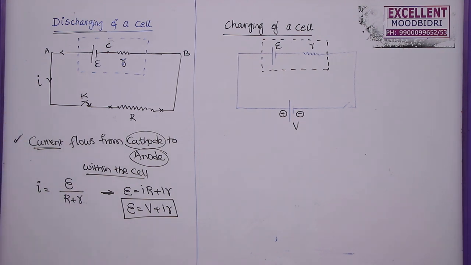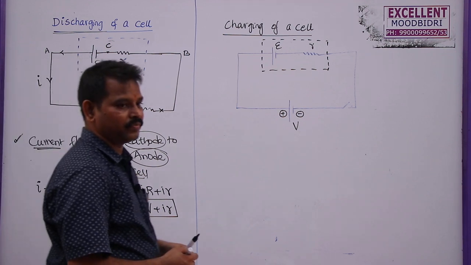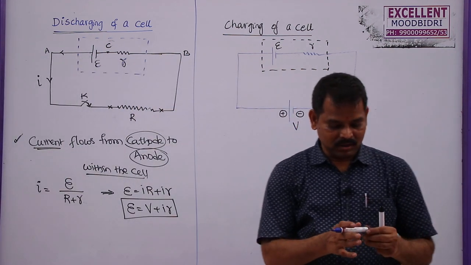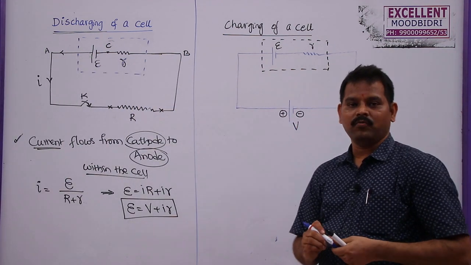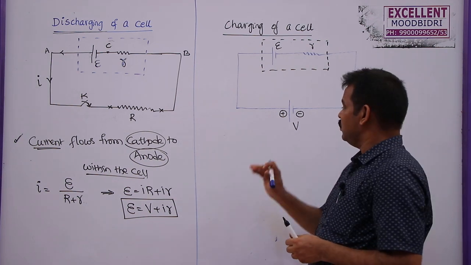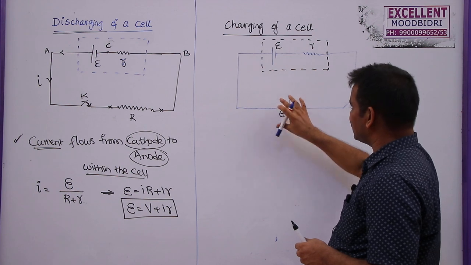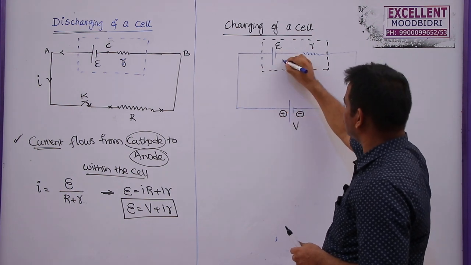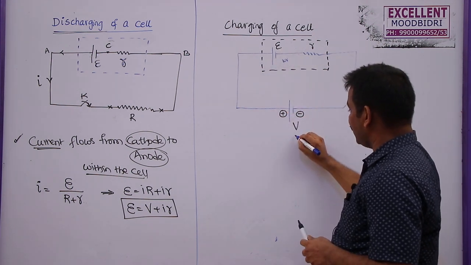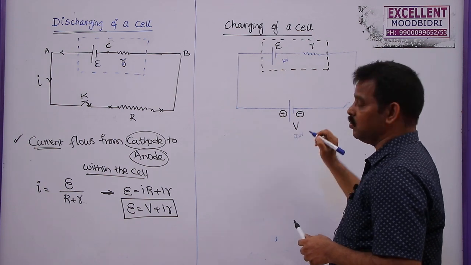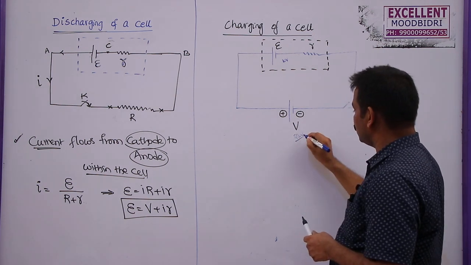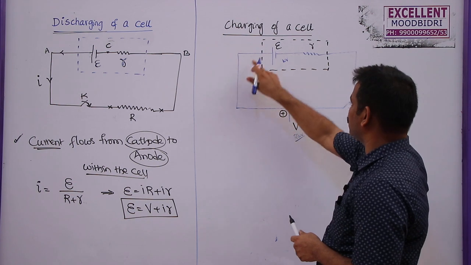Suppose we take the charging of a cell. We do this daily to charge our mobile phone, to charge our laptop. We will use a source. If the potential of this source is greater than this EMF, let us say this is a 10 volts battery and I connect a 230 volts source here, then only current flows from high potential to low potential.